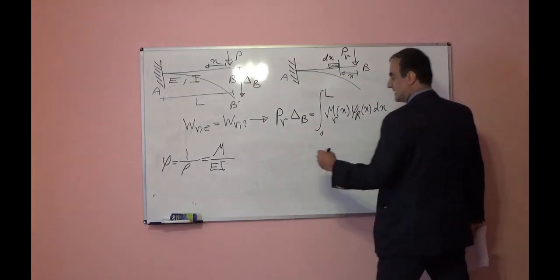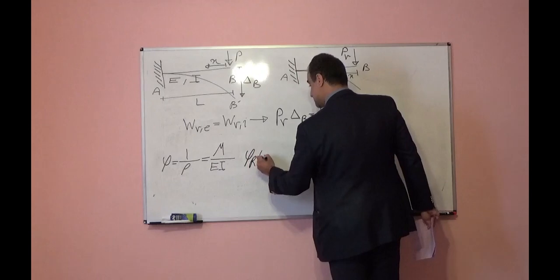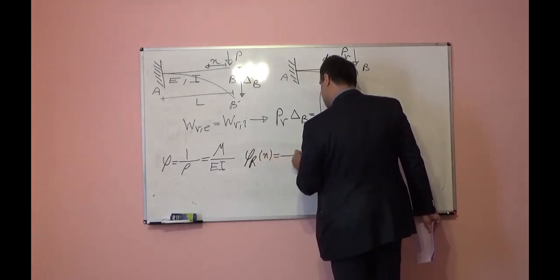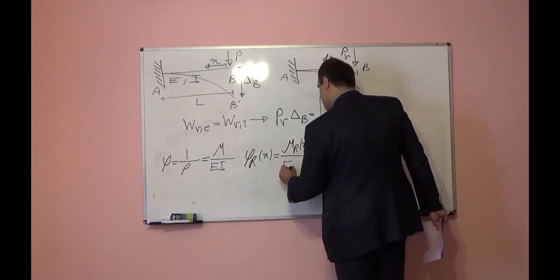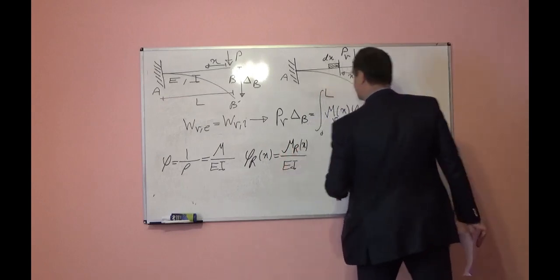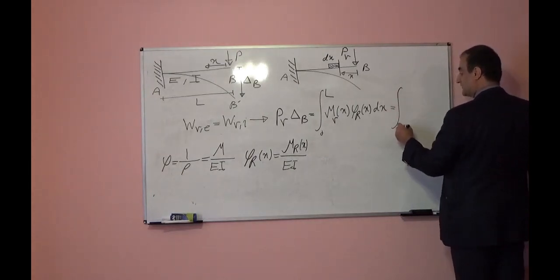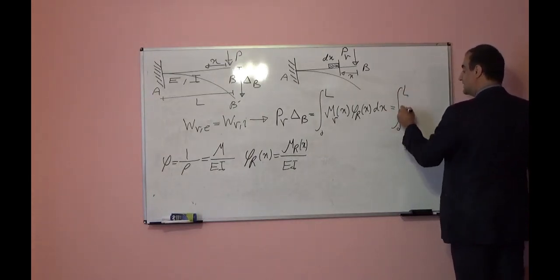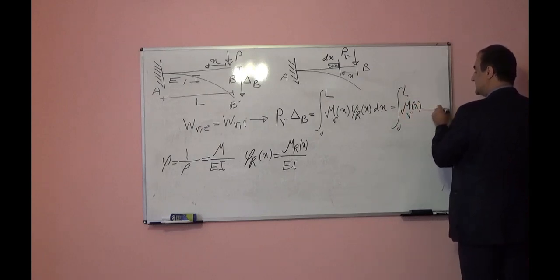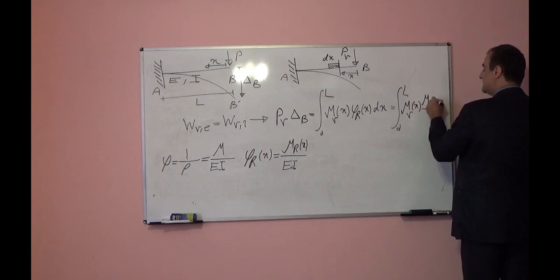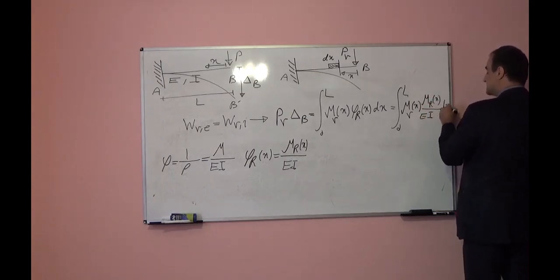So instead of phi Rx, I can put m Rx divided by EI. This will be equal to integration from 0 to L of m virtual x times m real x over EI dx.